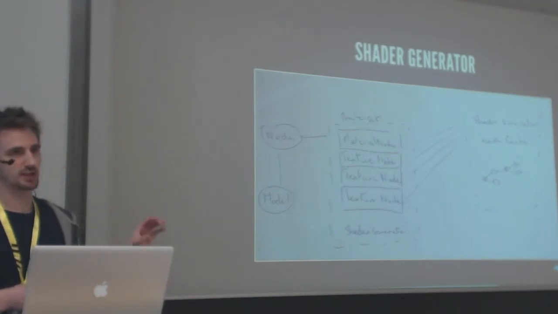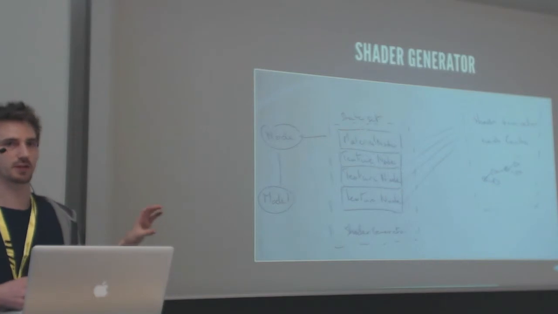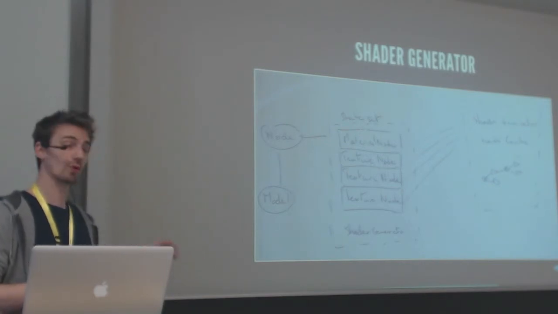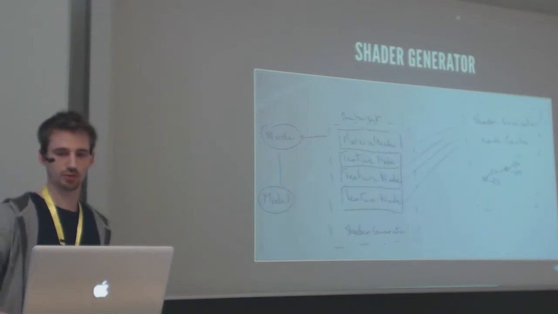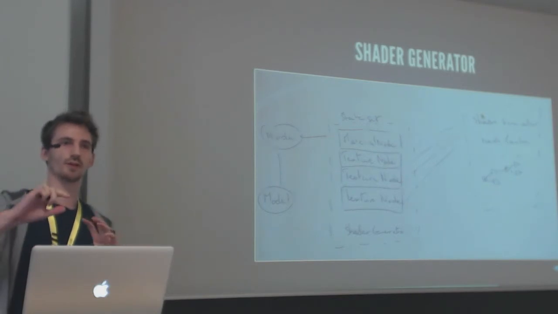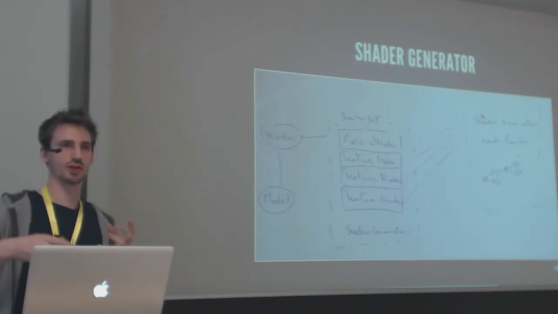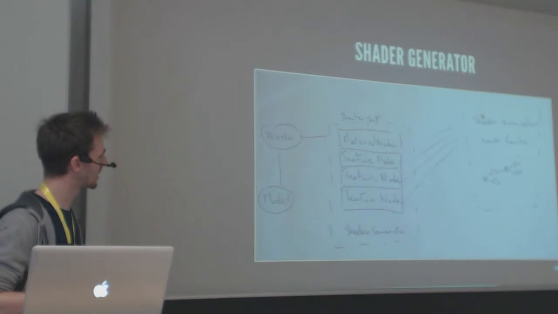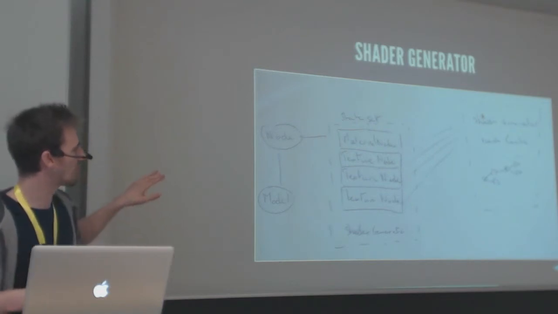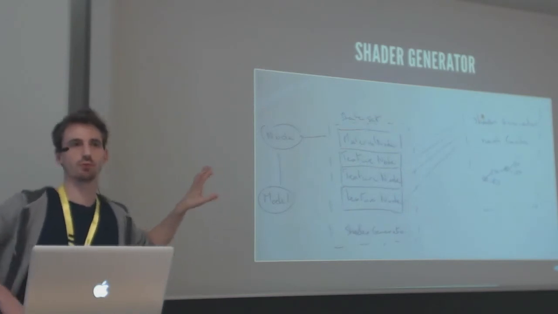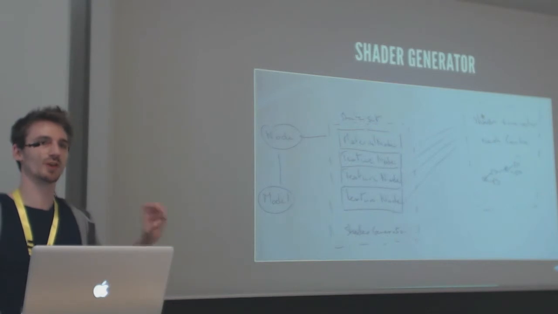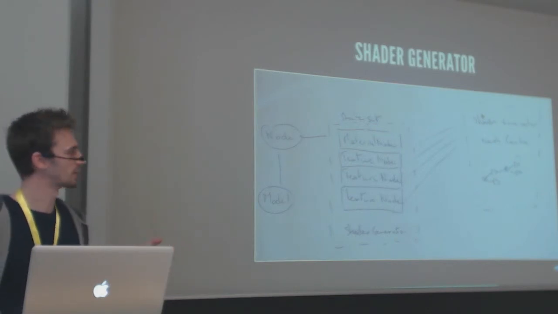You can, in a state set, specify which kind of shader generator you want. Meaning that if you want to generate a shader with wavefront, you will write a different kind of grammar to generate the shader. I'll show an example just after, but it means that you don't have to have the same texture node. You can have a kind of wavefront node. It means that you can customize the behavior of the shader generation.